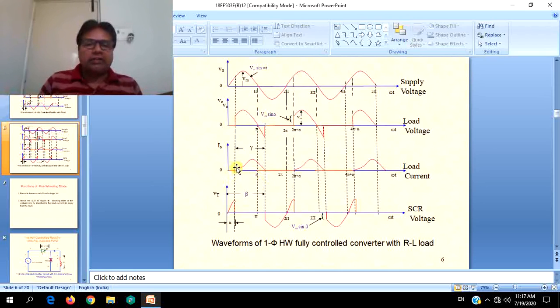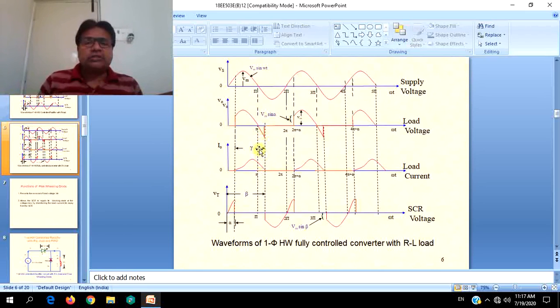From the angle alpha to beta, current will be flowing. That is forward current only, and that is the conduction angle gamma, and the angle at which the forward current becomes 0 is called beta, the extinction angle.